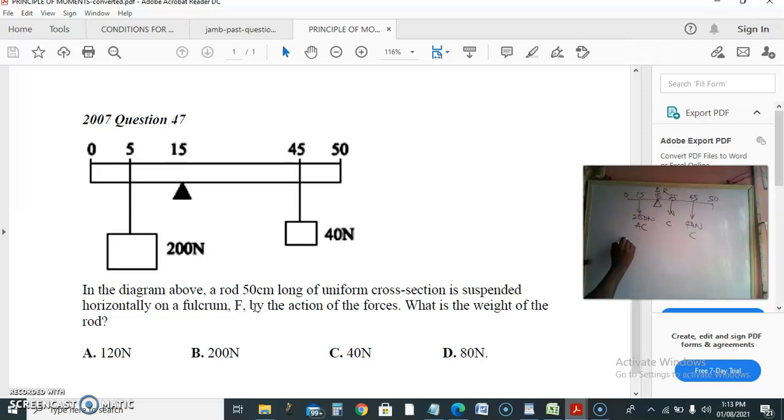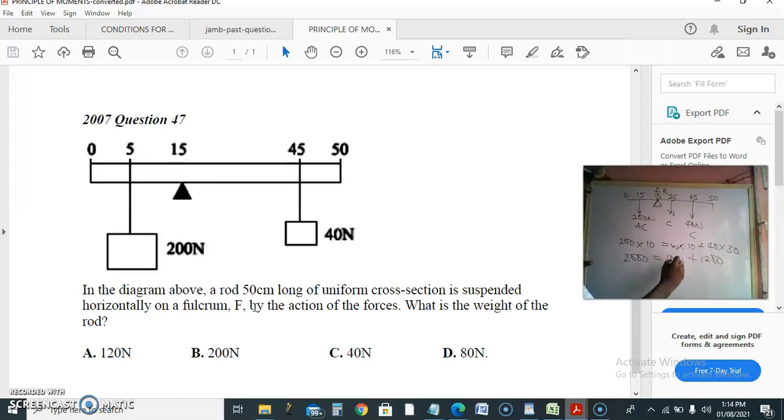So 200 times the distance 10 should be equal to the weight multiplied by the distance, which is 25 minus 15, which is 10, plus 40 times 45 minus 15, which is 30. So we have 2,000 equals 10W plus 1,200.